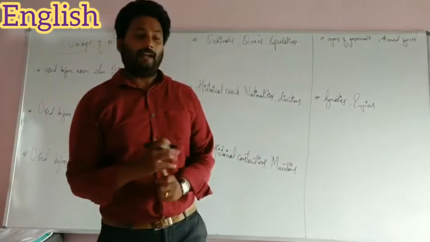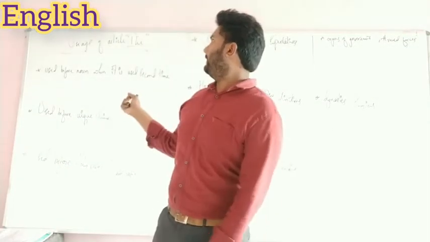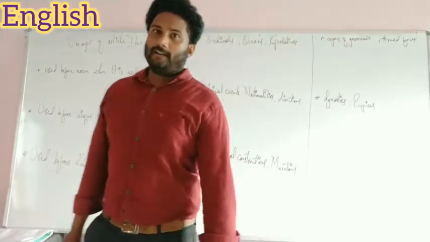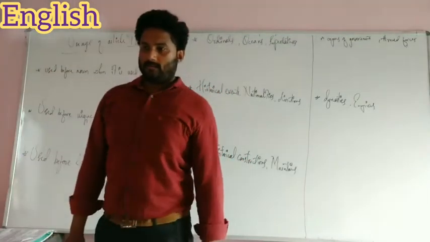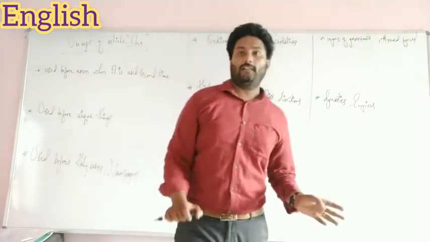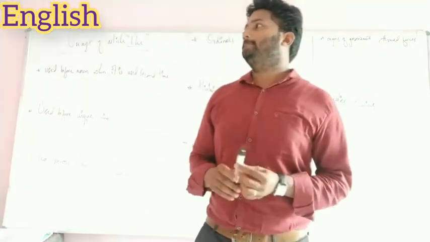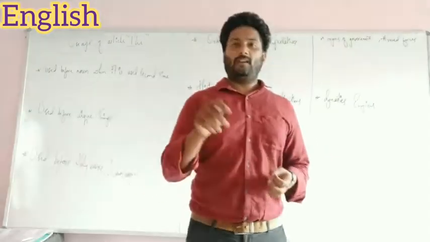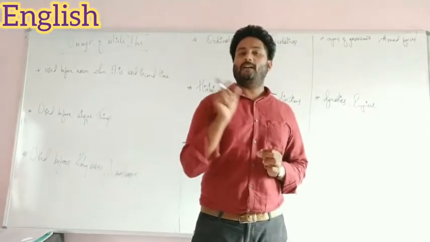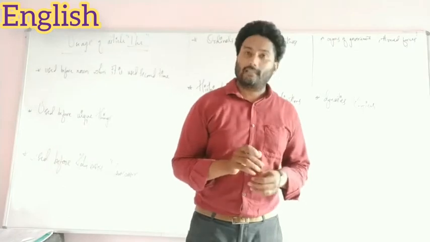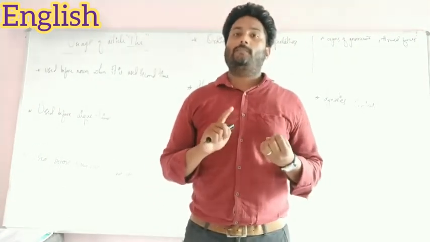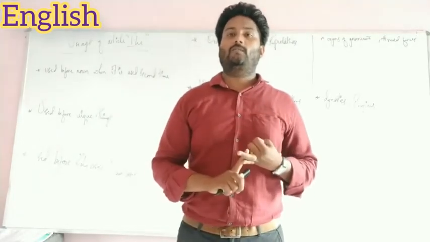Now next and final, it's the definite article. The definite article the, as we saw in the definition, symbolizes or represents a particular place or thing. Either it may be singular or plural, or it may be countable or uncountable.